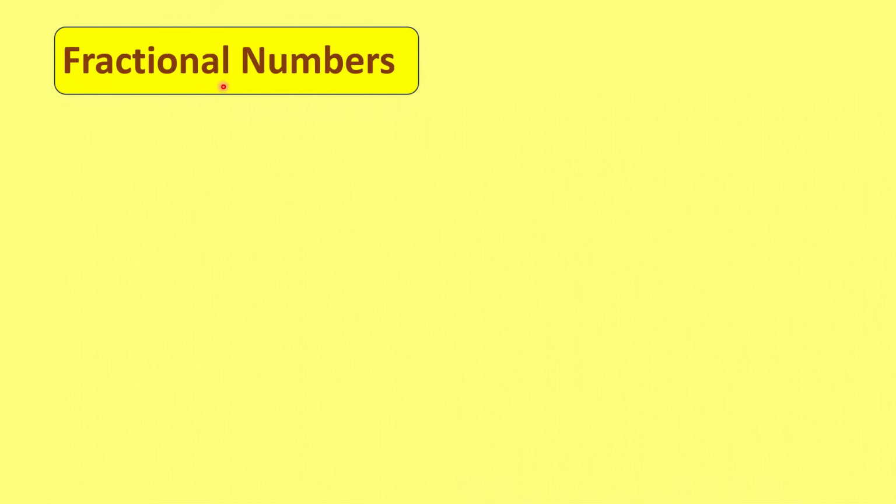If you have a doubt about how to pronounce fractional, we cut it into two parts. The first part is "frac", and the other one is "shunal". So we call it fractional. Clear? Definitely you got the point.